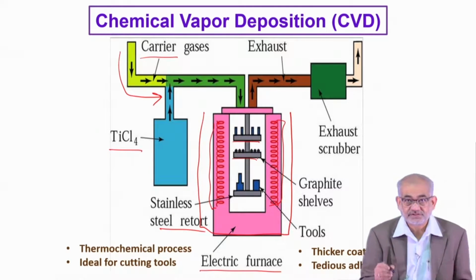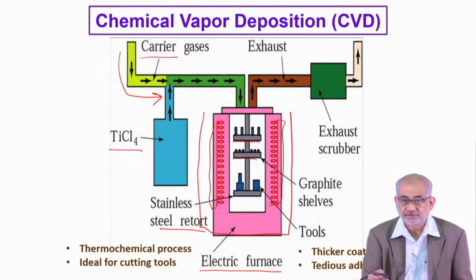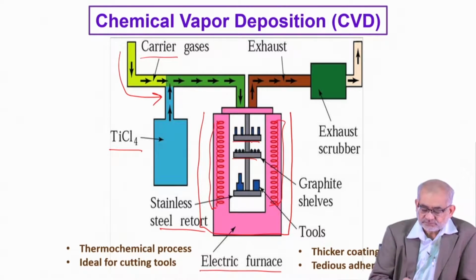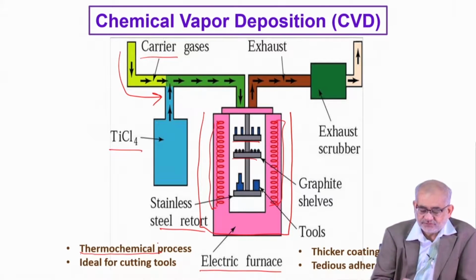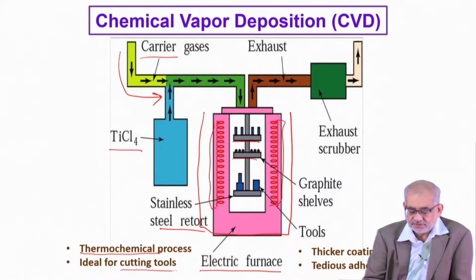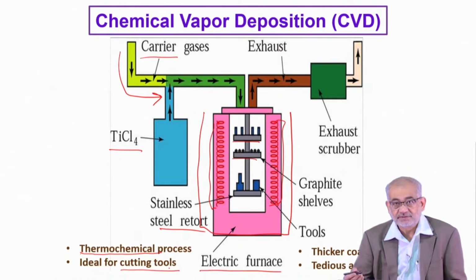The deposit composition is fixed, but the substrates can be varied, maybe steel, maybe ceramic, maybe certain other non-ferrous metals. Essentially this is a thermochemical process. So we take advantage of both temperature and chemical reaction, and it is ideal for manufacturing processes like cutting tools, but is also equally applicable to various semiconductor devices.